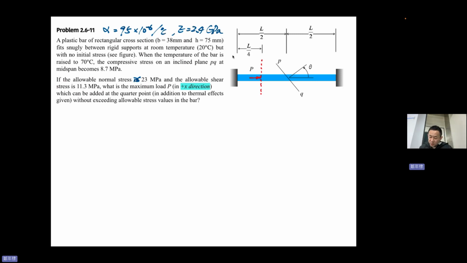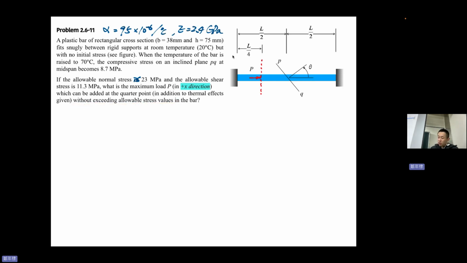And the loading of P in the X direction, you see, I highlighted the positive X direction. I highlighted that sentence because this is actually the key to solving this problem. Which can be added at the quarter point in addition to the thermal effects given and without exceeding.